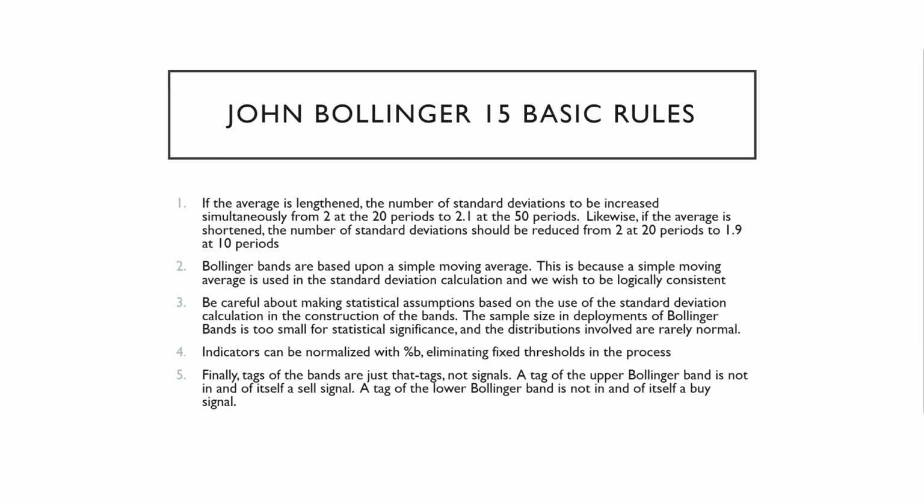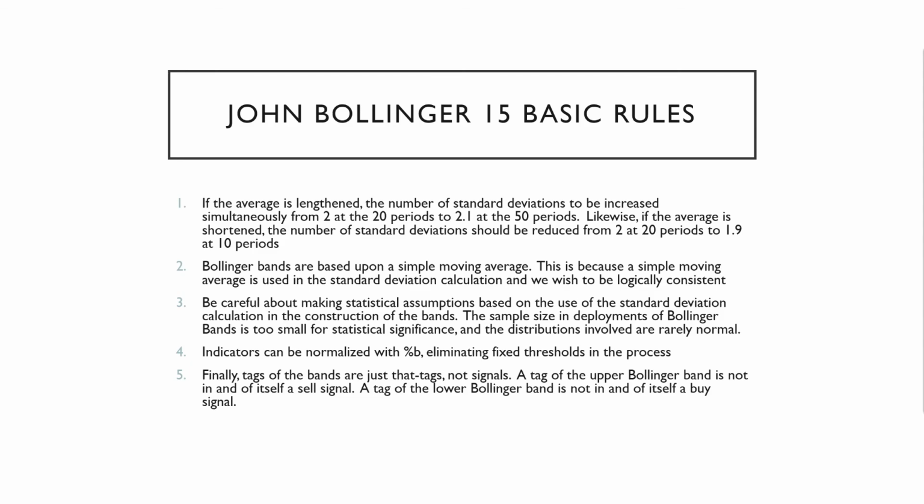All right, number 11. If the average is lengthened, the simple moving average, the number of standard deviations should be increased simultaneously from 2 at 20 periods to 2.1 at 50 periods. Likewise, if the average is shortened, the number of standard deviations should be reduced from 2 at 20 periods to 1.9 at 10 periods.